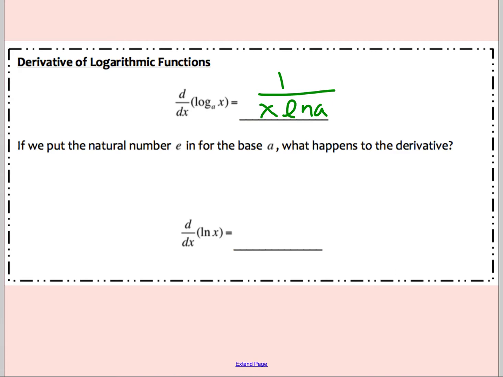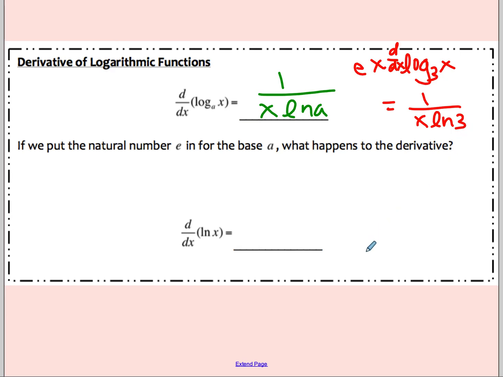Let's quickly look at an example. If I asked you to find the derivative of log base 3 of x, the derivative would equal 1 over x ln of 3.